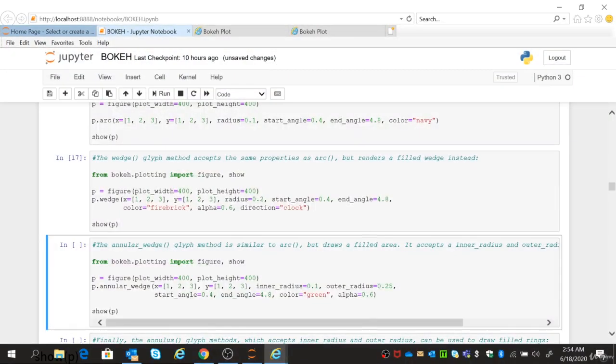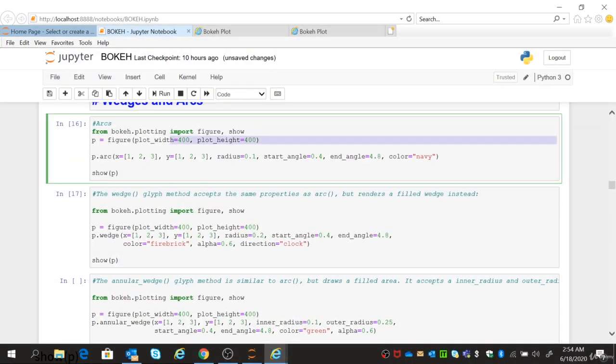So this is how, see, the arc is now filled. Earlier there was only the arcs, and this time we have a filled arc. And the angles are different, because when we were having a simple arc, there was a difference of angle.